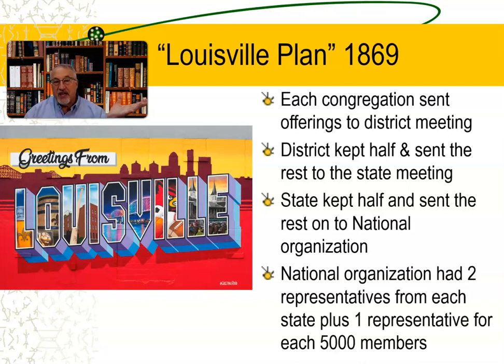So if it was a state like Indiana, there were a lot of congregations there, or Kentucky, or Ohio, you'd have a lot. But if it was one where they didn't have as many, like, say, Iowa or someplace like that, they wouldn't get to send as many representatives. So the representatives are somewhat proportional, but also geographically spread out.